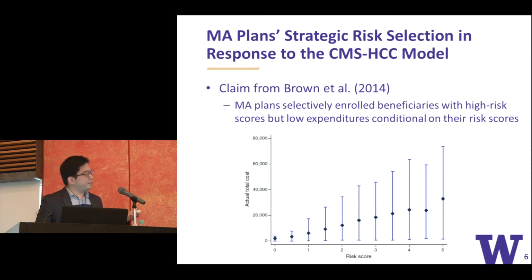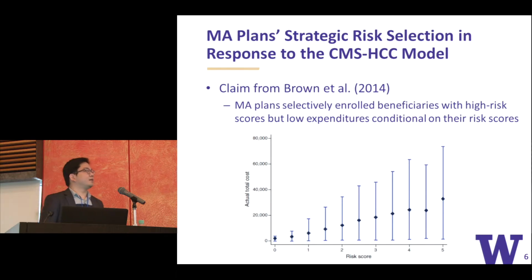This figure shows that the CMS-HCC Model accurately estimates payment for low risk score people, but not for high risk score people, because as you can see, it is close, but there are large variations, right?